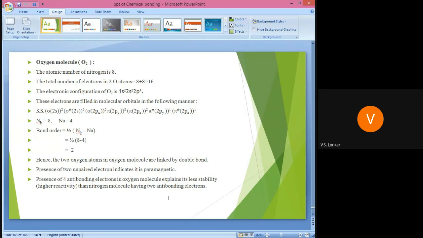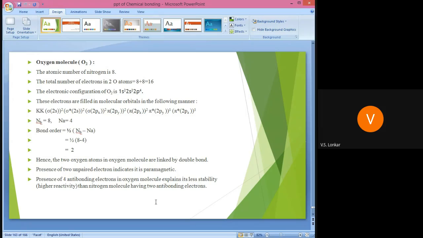See, if more antibonding electrons are present in a molecule, it means that it is highly reactive. Highly reactive means less stable. Do you know the relationship between them? More stable means less reactive.